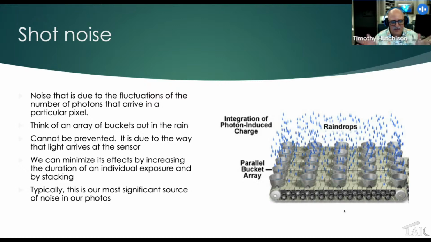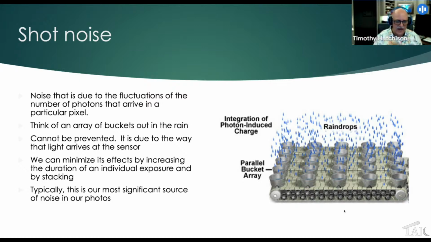Now, this cannot be prevented. This is just the physical property of light arriving at our sensor. So there's nothing that we can do to stop shot noise, right? But we can minimize its effects in a couple of different ways, and we're going to talk about those as we continue on. But briefly, we can minimize the effects by having longer exposures and by stacking, right?